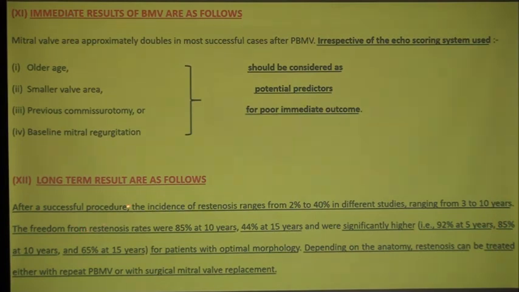Now, long-term results are as follows. After a successful procedure, the incidence of restenosis ranges from 2 to 40% in different studies, ranging from 3 to 10 years. The freedom from restenosis rates were 85% at 10 years and 44% at 15 years, and significantly higher, that is 92% at 5 years, 85% at 10 years, and 65% at 15 years, for patients with optimal morphology.